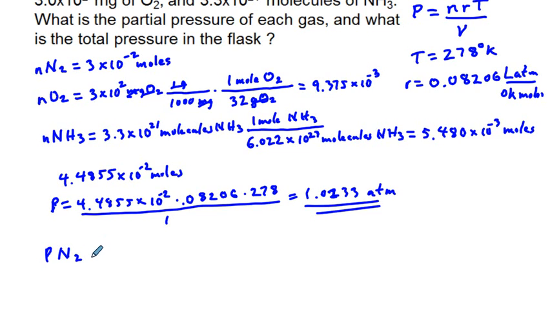We take our number of moles of nitrogen, which is 3 times 10 to the negative 2 power, over our total moles, 4.4855 times 10 to the negative 2 power.